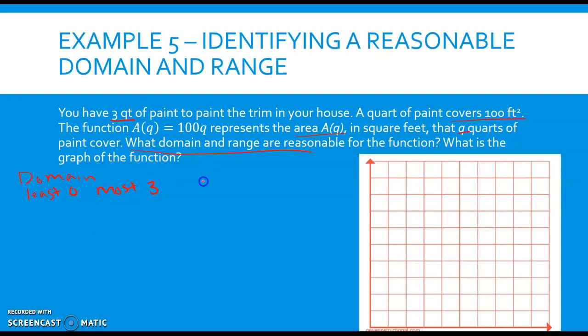So our domain is going to be 0 is less than or equal to Q, and we're not using x, we're using Q, is less than or equal to 3. That is our domain, because we only have 3 quarts to paint the trim with, and we can't have negative quarts of paint. And so the smallest our x value can be is 0.